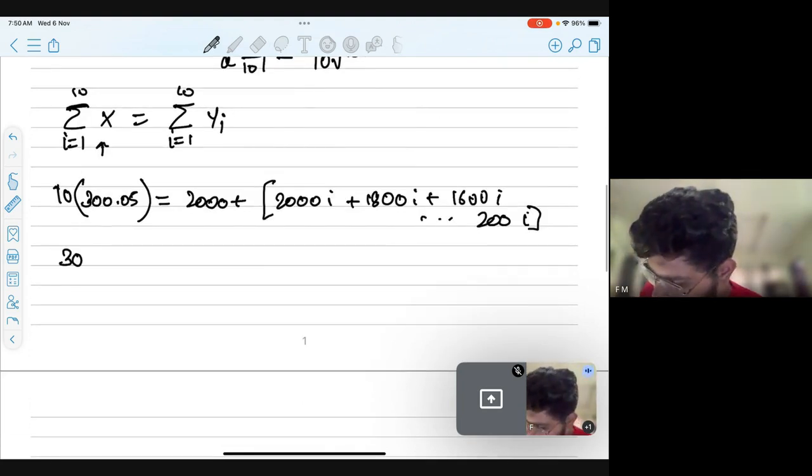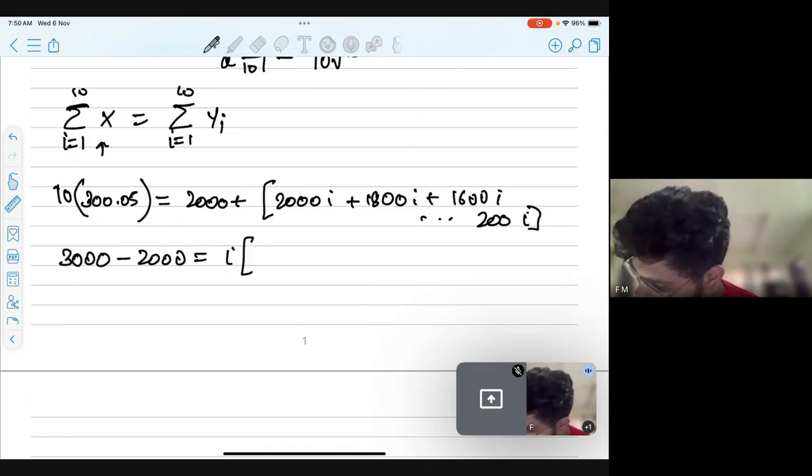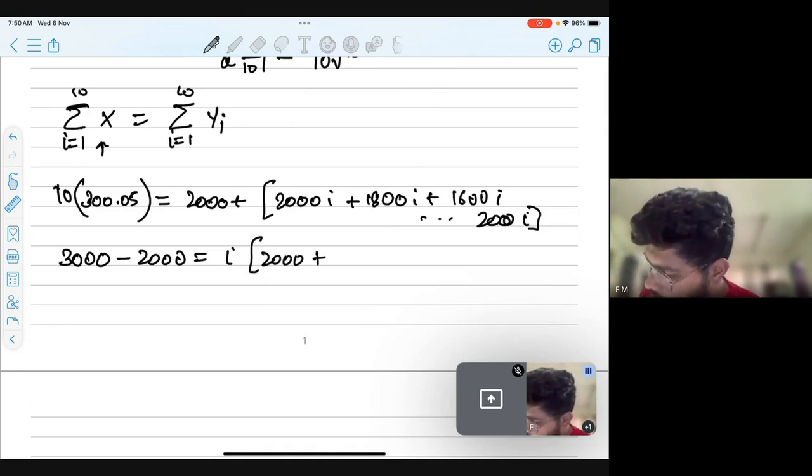So 3000 minus 2000 is equal to i times the sum of 2000 plus 1800 plus, still, 200.